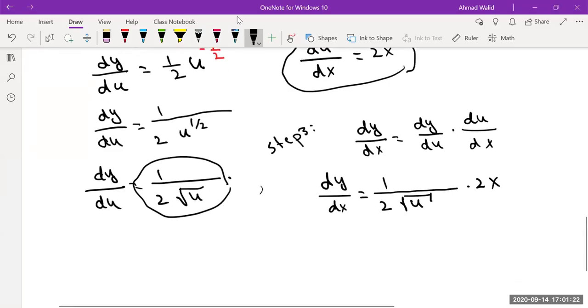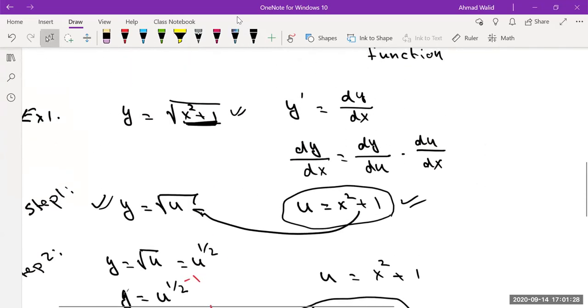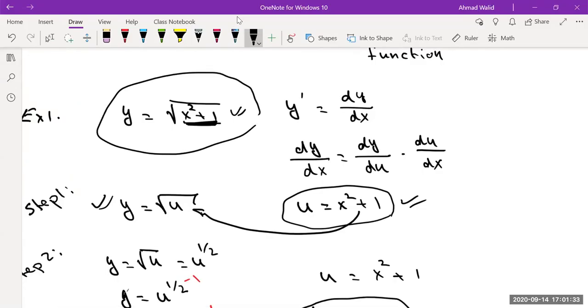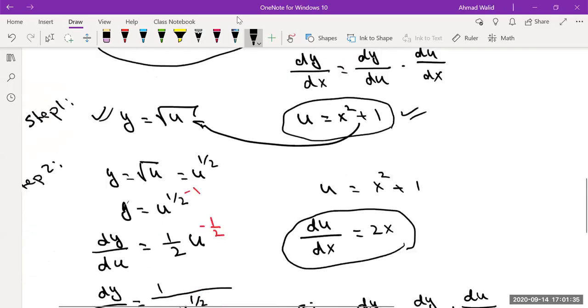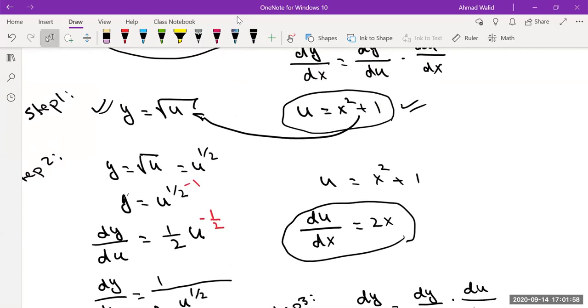Only one more step, because in the original problem, we don't have u, right? My original problem is y equals a square root of x squared plus 1. Replace back or substitute back the value of u. Then dy over dx equals 1 over 2 instead of a square root of u, because u is x squared plus 1.